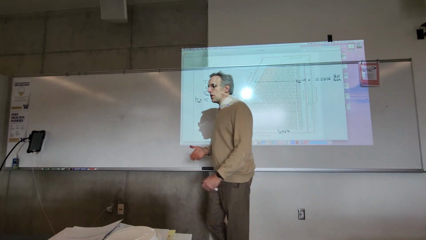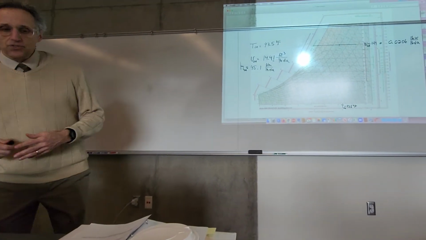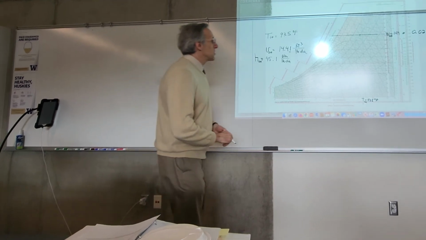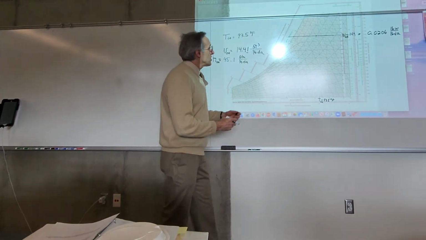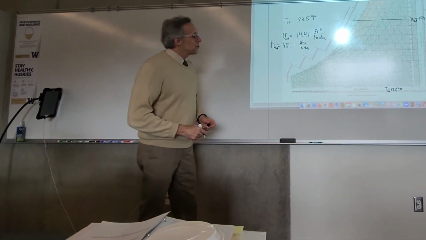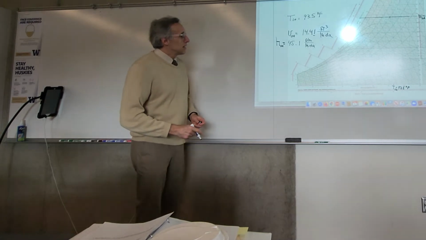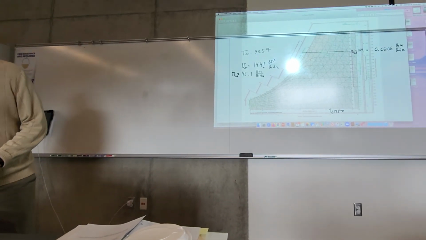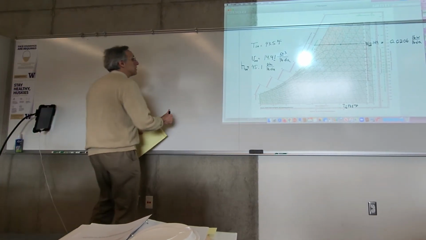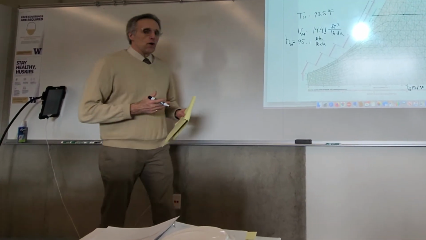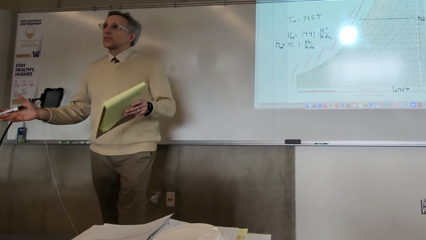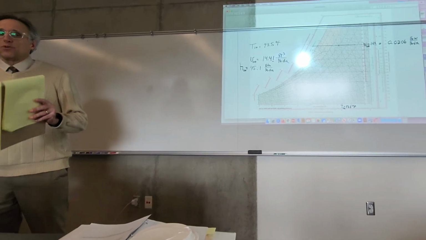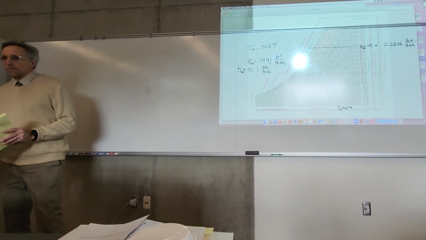Now, this is a hypothetical case just to get us used to the calculations and see what it's like. So we're going to take this air and we want to get it to an indoor state, a comfortable state. Because we call the air in our space, the subscript that we use is R for return air.